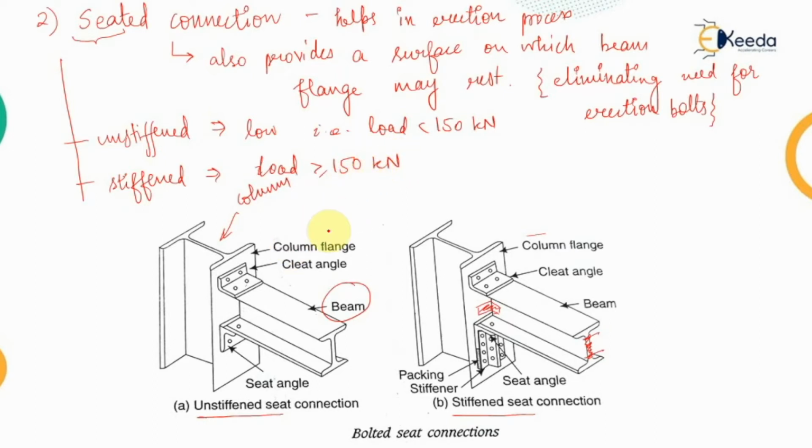What is the difference between the two, we will be seeing one by one. This unstiffened seated type of connection will be the major topic of discussion in this lecture.